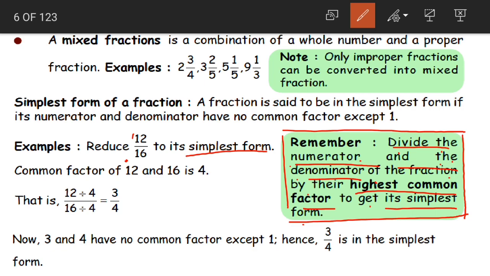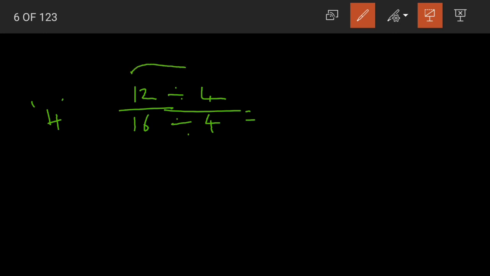For 12 by 16, HCF is 4. HCF is nothing but the highest common factor, right? Now we need to divide both the numerator and denominator by 4. 12 divided by 4 will be 3. 16 divided by 4 is nothing but 4.